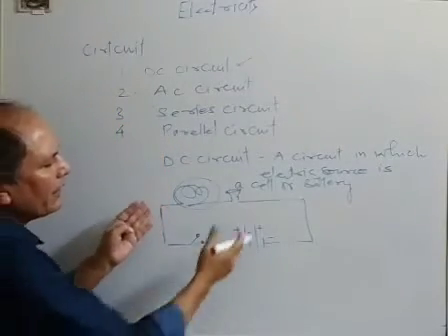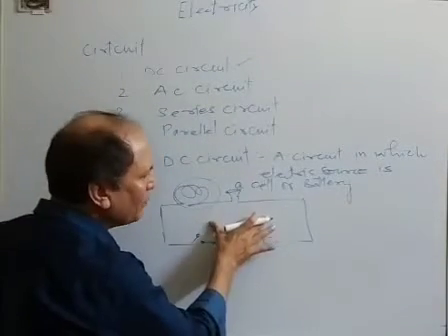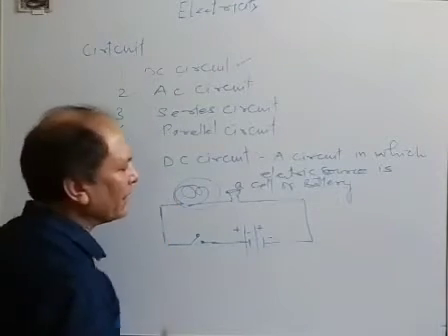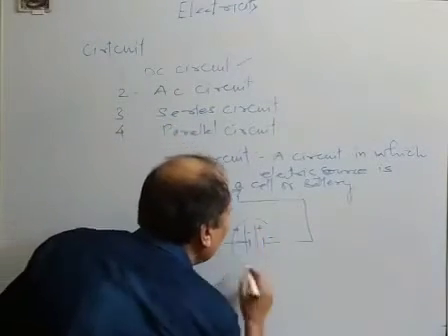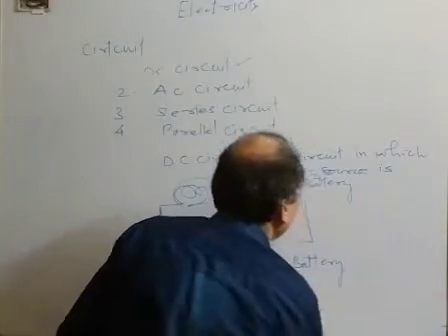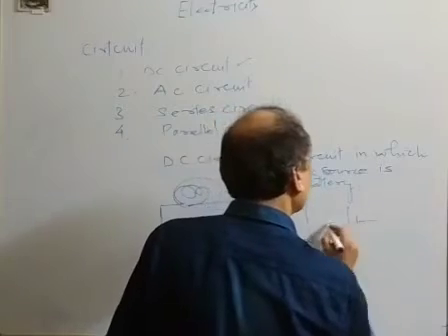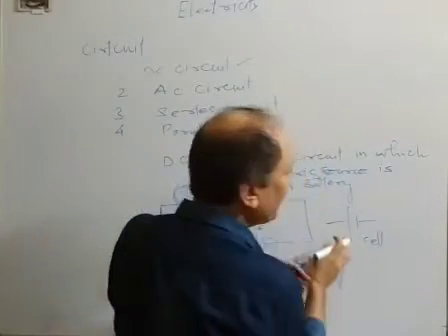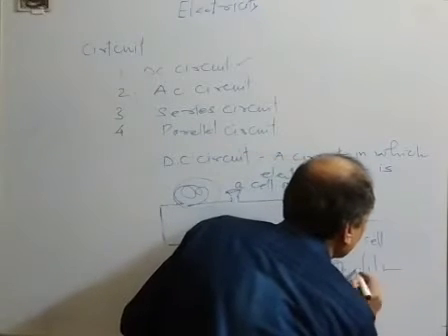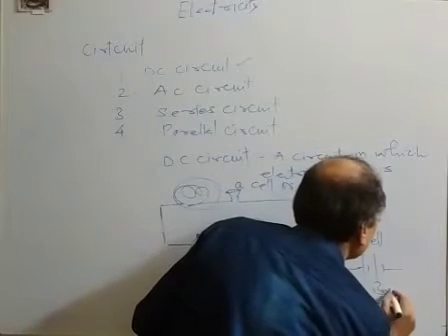So here it is the symbol of DC circuit. Here this is the symbol of battery. It is the symbol of cell. But a group of cells is known as a battery. So that is the battery.